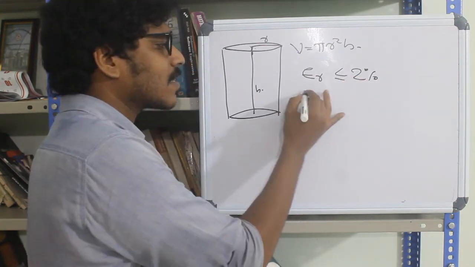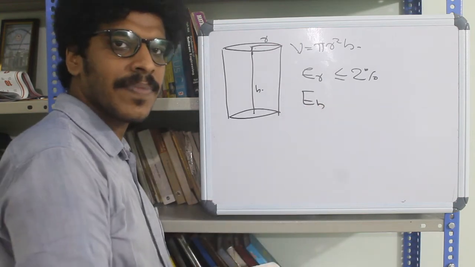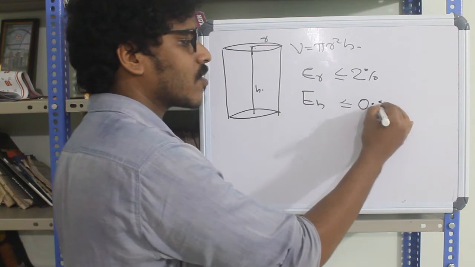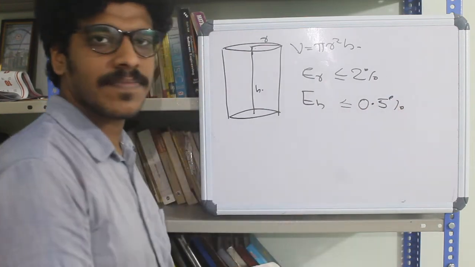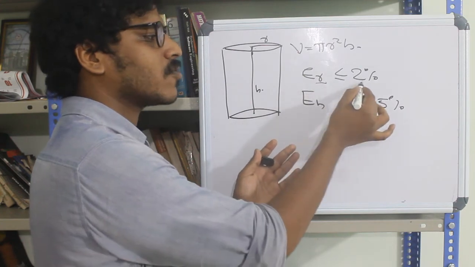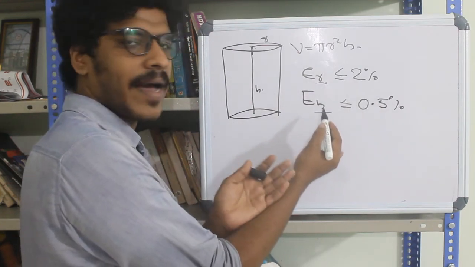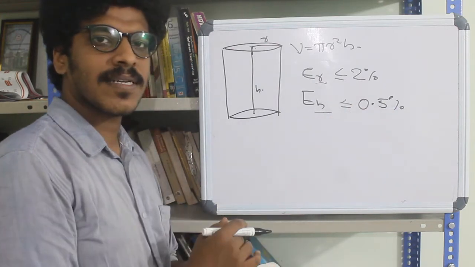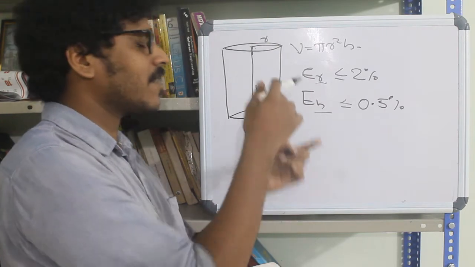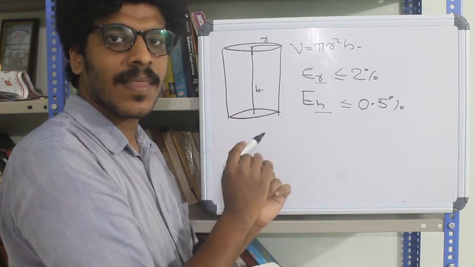Also it's given that the maximum error intruded in measuring the height is less than or equal to 0.5%. So these are actually the percentage errors, or in the terminology we have used before, these are the percentage changes.